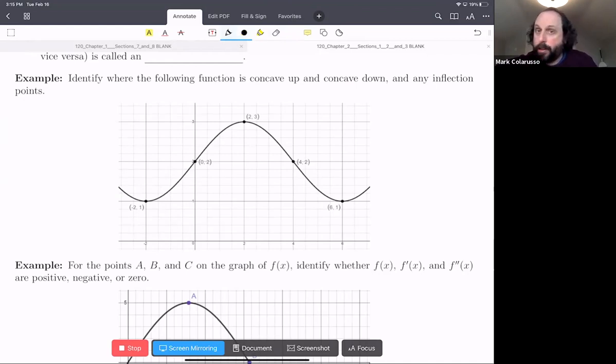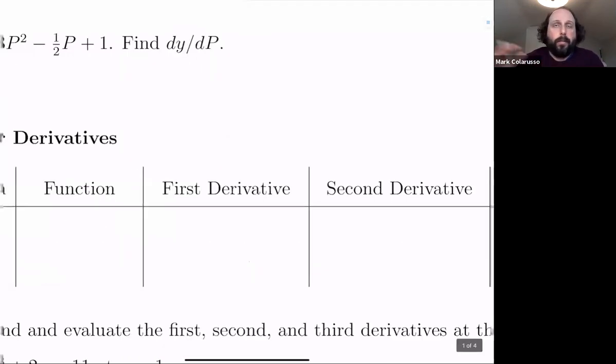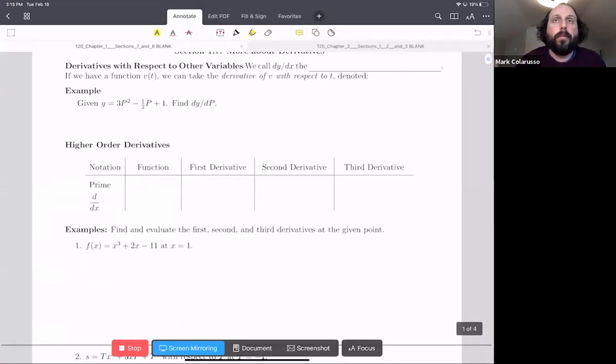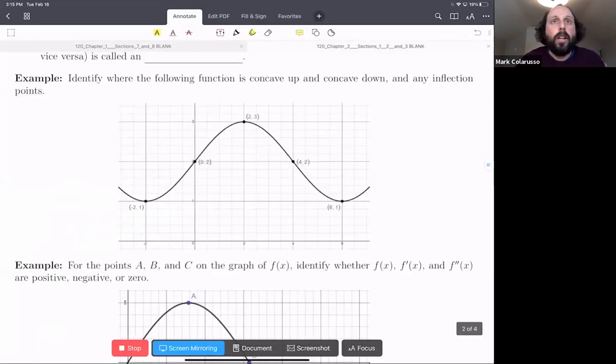But as we cross 0, 2, we see that the graph begins to bend down, right? It bends down as it goes to the maximum where you have the top of the mountain. It continues bending down until you get to 4, 2, right? And then it begins to bend back up.